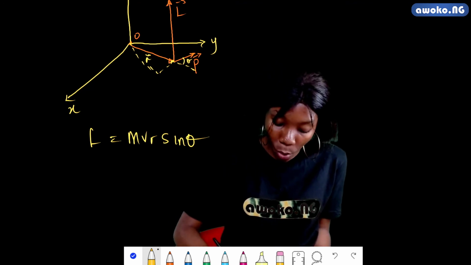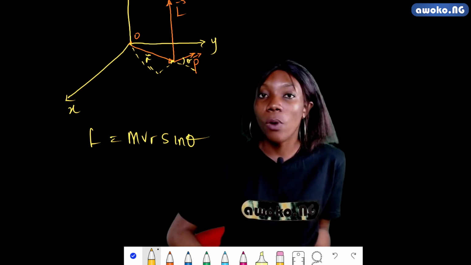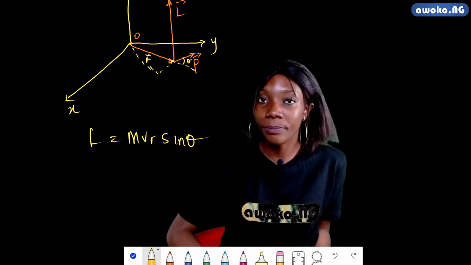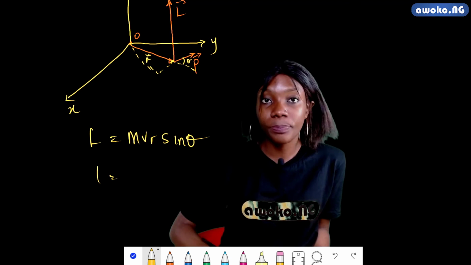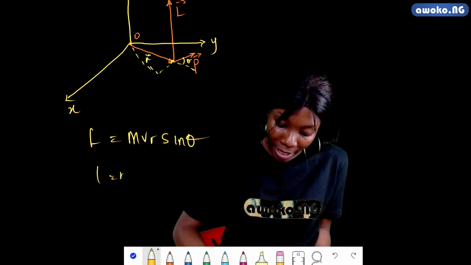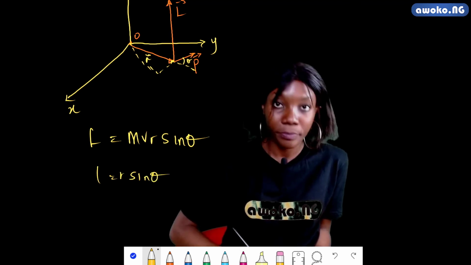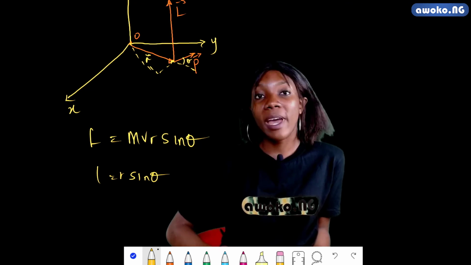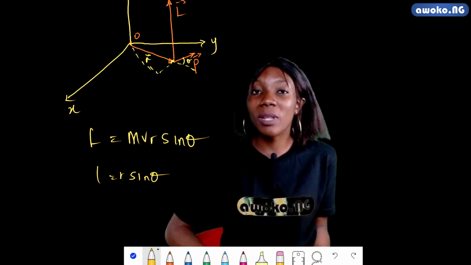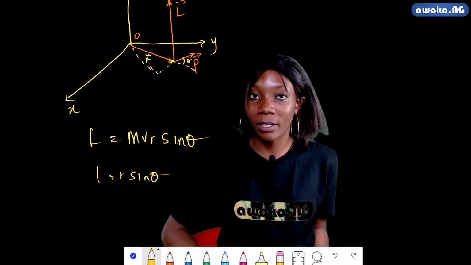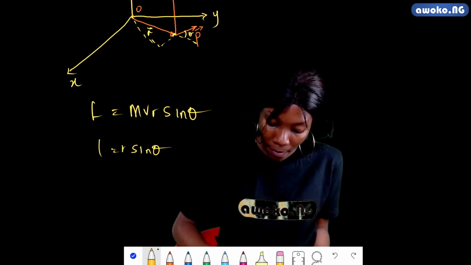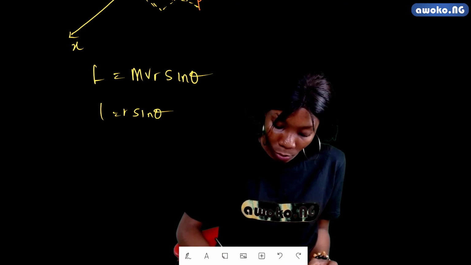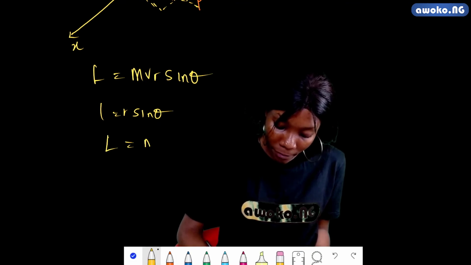So we have the magnitude to be L equal mvr sine theta. Now, in other lessons where we talked about torque, we found out that small l equal r sine theta, where this l is the perpendicular distance from the line to the point O. So if we put this back into this, we have L equal mvl.